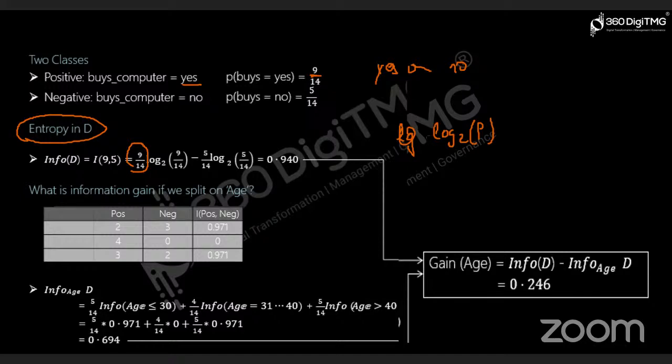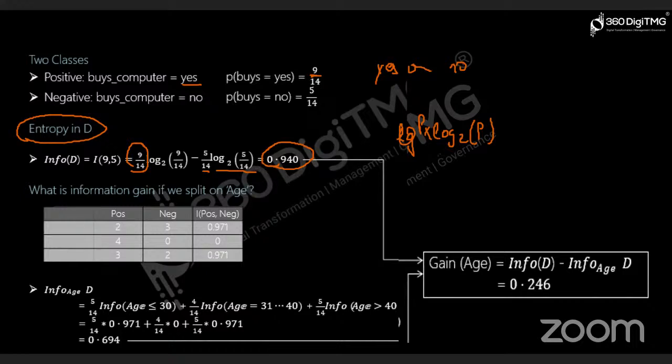So you take the probability times log base 2 of that probability, and then you subtract from it the same term for the other possible output, that is no. Again, you take the probability times log base 2 of the probability. So the entropy in this scenario is 0.940.